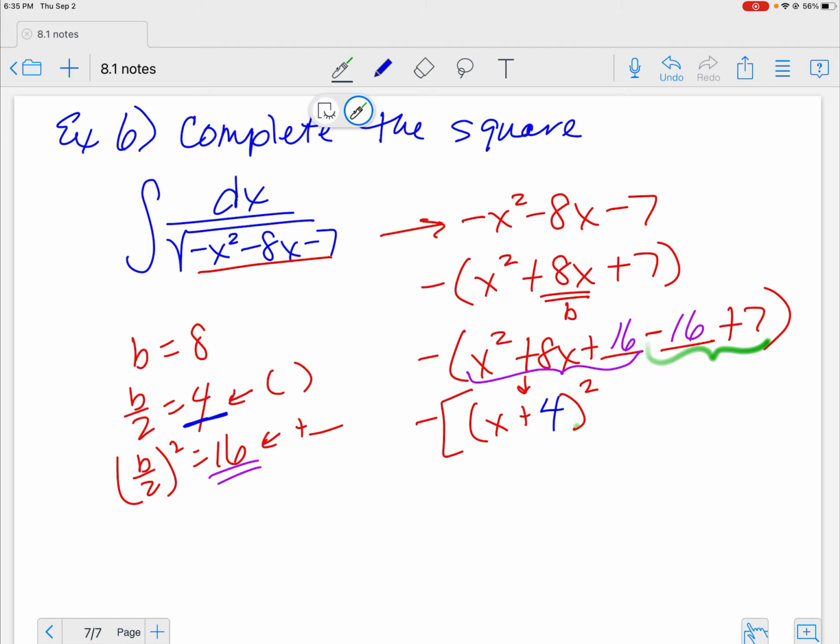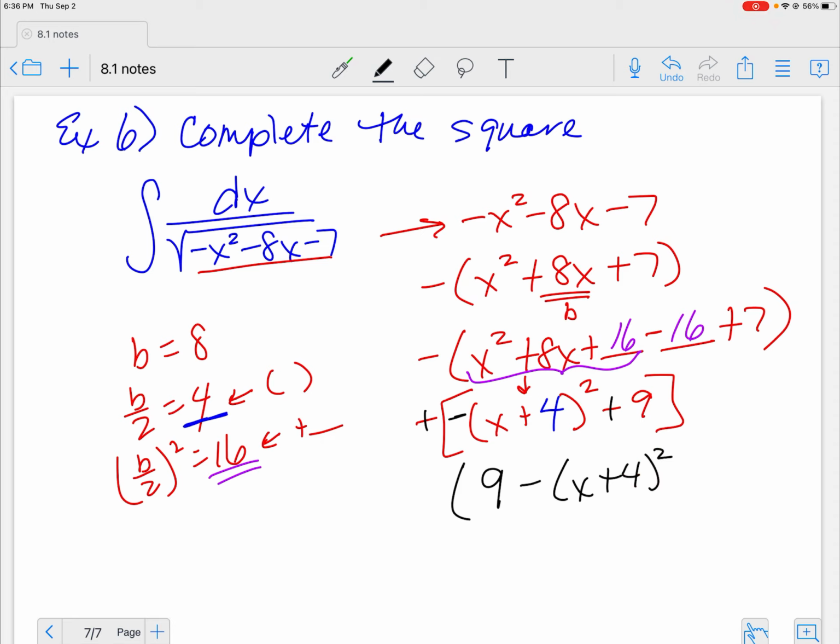And now these two, I have negative 16 plus 7 is negative 9. But because I don't want to keep that negative sign out front, I'm going to distribute it, make that a negative, that a positive. So I can actually write this as 9 minus x plus 4 squared. And that is rewritten to go under my radical.